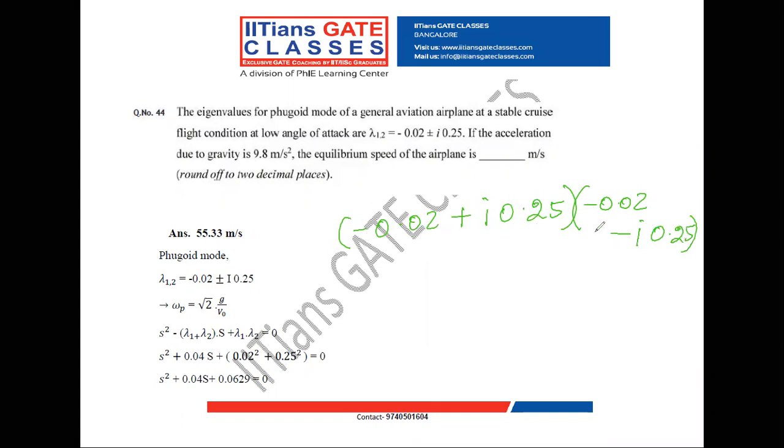So (a plus b)(a minus b) is nothing but a square minus b square.